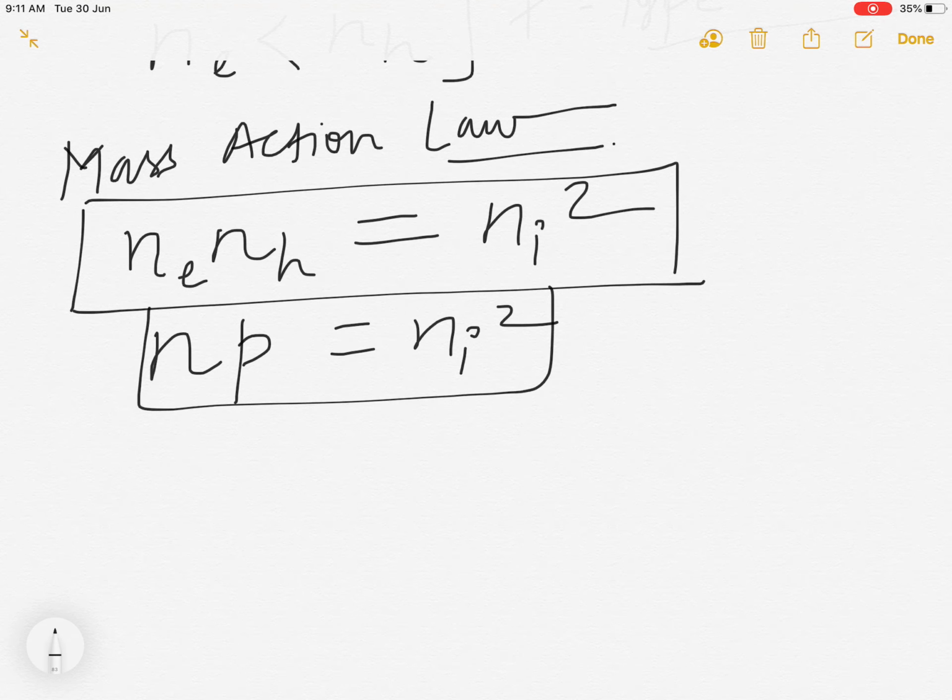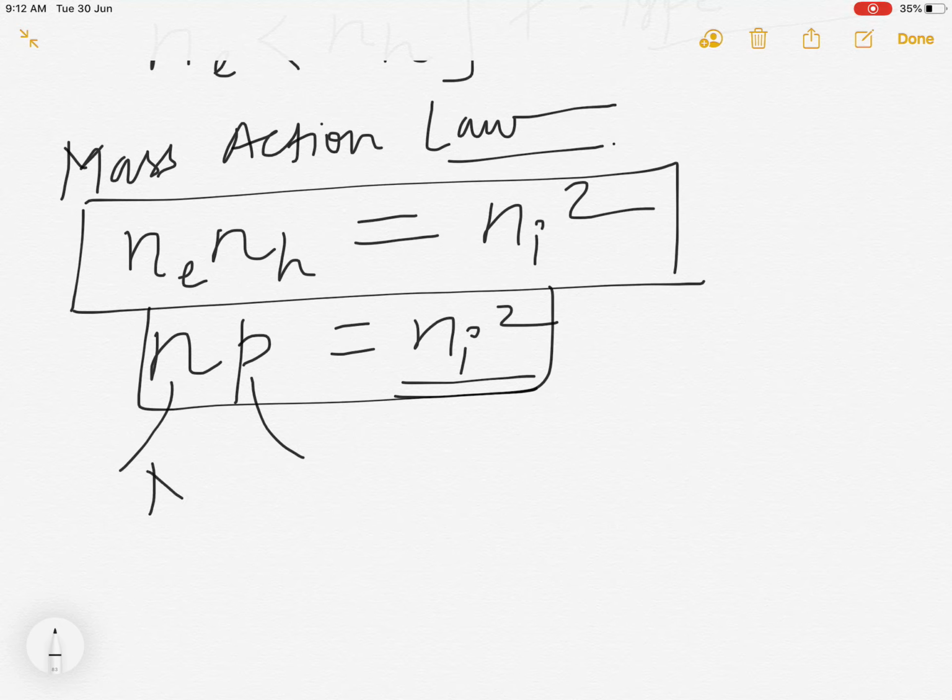So this is law of mass action. ठीक है, mass action law एक ही बात है. Law of mass action in which electron concentration into hole concentration will be equal to the square of intrinsic electronic concentration or carrier concentration of that intrinsic semiconductor, right? So this is the equilibrium carrier concentration of extrinsic semiconductor.